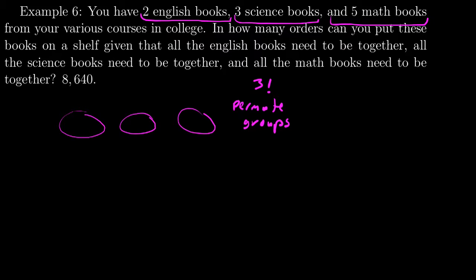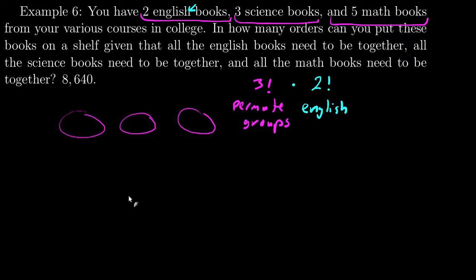Okay. Now, the next part, that's grouping up the books, but then if I'm going in the order English, then science, then math, I still have a lot of ways to organize each of the books in there. So since there are 2 English books, I have 2 factorial ways to deal with the English books, because there are 2 of those.